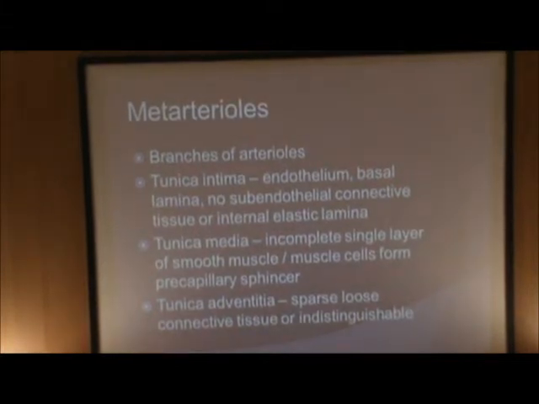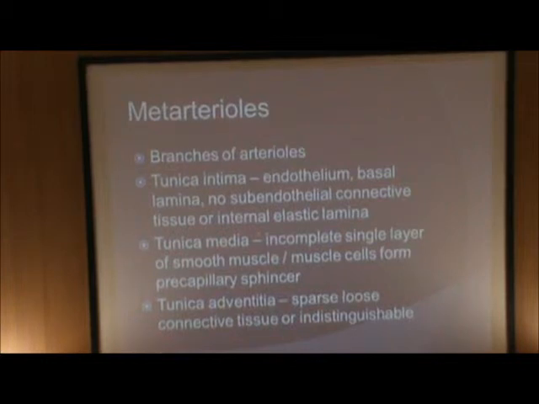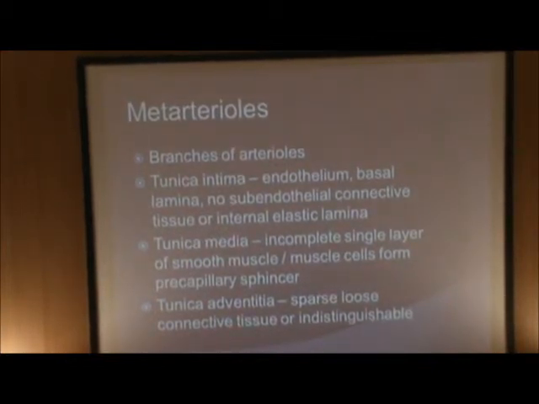Next, arterioles. They are branches of arterioles, and the wall contains, of course, tunica intima, tunica media, and tunica adventitia. Tunica intima with endothelium located on the basal lamina, but this type of blood vessels don't contain subendothelial layer.